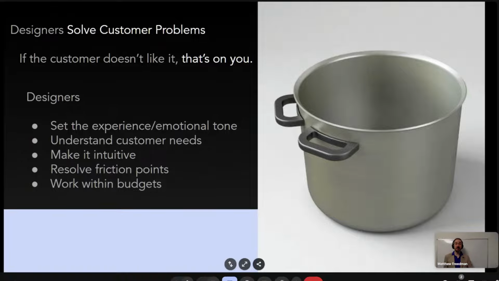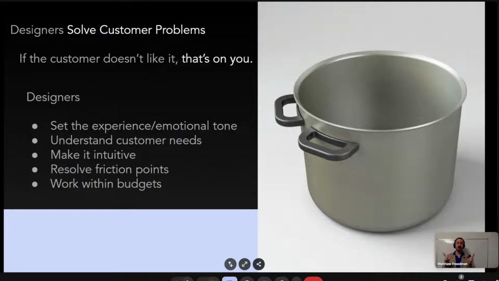You have to understand the customer needs. What do they want to be able to do with this? You have to be able to make it intuitive. They want to be using the thing, not figuring out how to use the thing. And I will admit, sometimes part of the experience is figuring out how something works, but you've got to be clear about that. Oftentimes they just want to be using the thing.